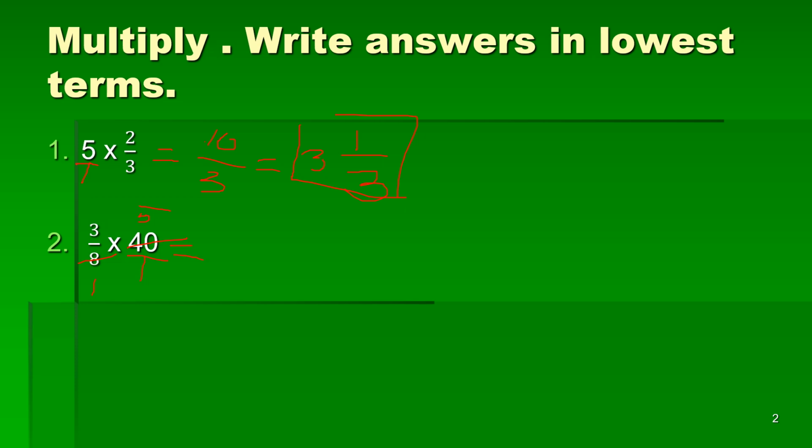Okay? So 3 times 5 is 15. So the final answer is 15. Okay? You can multiply directly or you can use the side by side, like 40 times 3, that is 120 divided by 8. Still your final answer is 15. Okay, now let's move on.